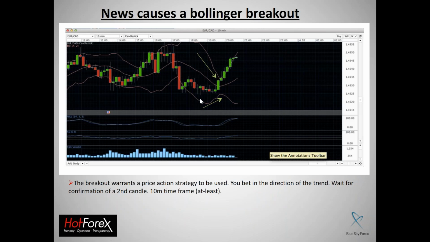This is an opportunity where you have to monitor how to identify a Bollinger breakout based on the movement of the Bollinger Bands and the candlesticks that are doji or doji-like, and then they start exploding towards one direction. Here's an example of how you can use that. But please be aware that we have several webinars on how to use Bollinger Bands, and there's one next week on Bollinger Bands and trading that you could use.